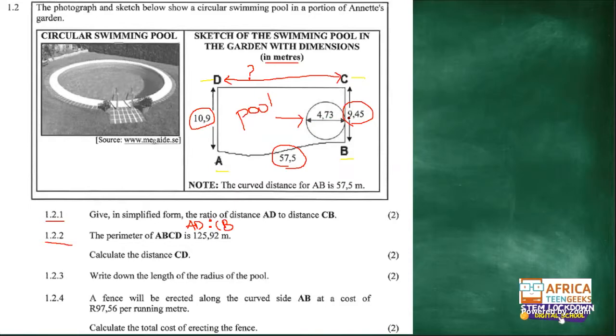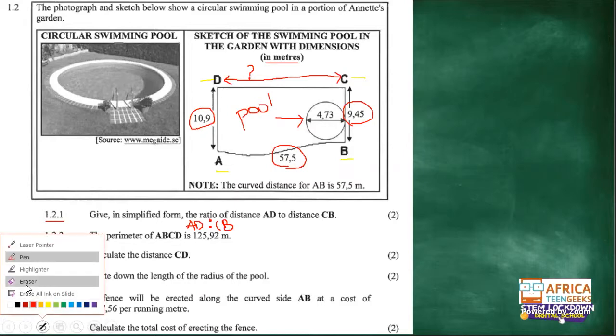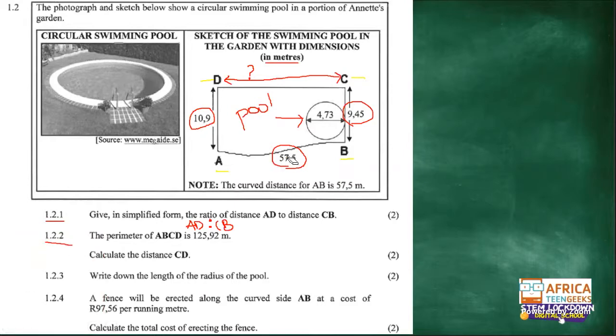You're given this length. I want you to just tell me what is the radius of the pool. The pool is obviously circular, as you can see on the left-hand side.